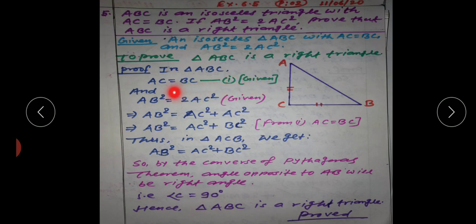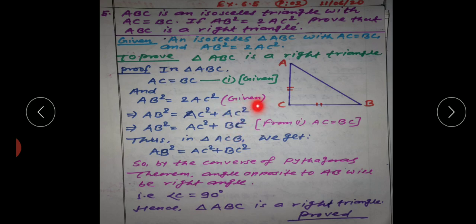AB square is equal to 2AC square is also given. This implies that AB square will be equal to AC square plus AC square, as 2AC square can be written this way. This implies that AB square will be equal to AC square plus BC square, because AC is equal to BC from first.